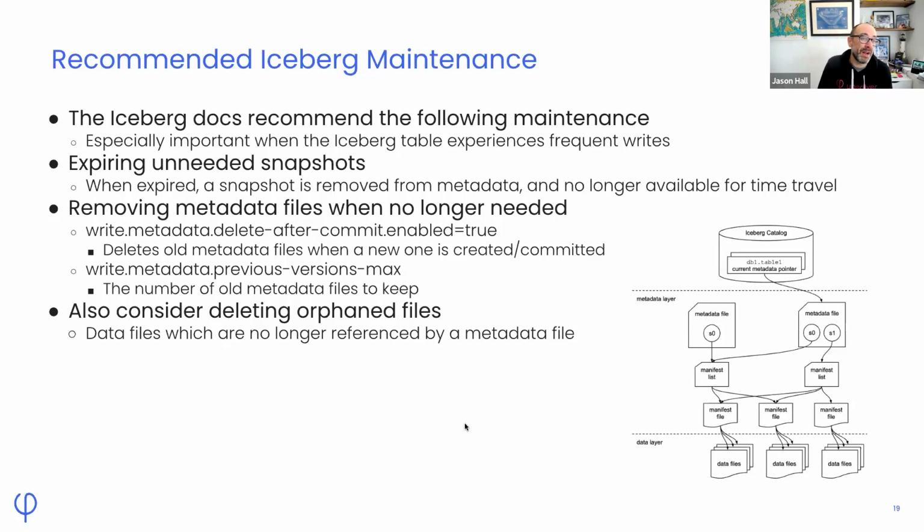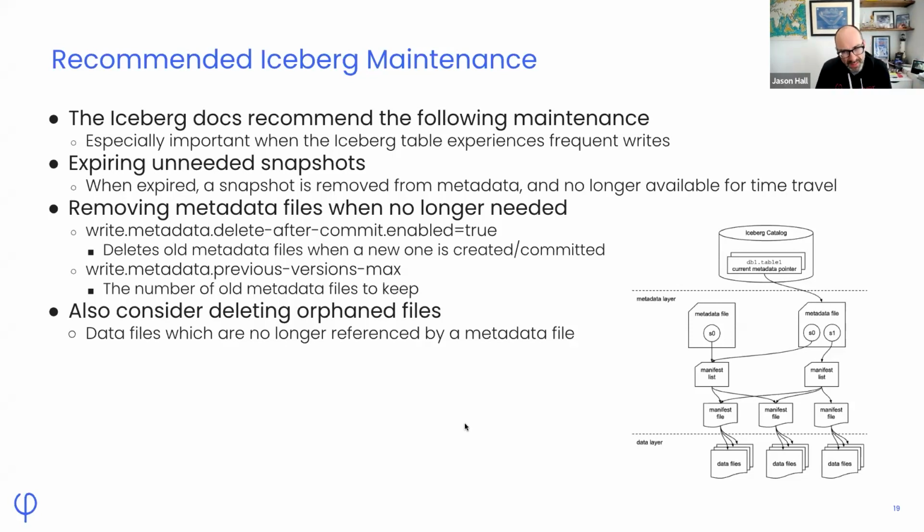The nice thing about expiring snapshots is that when you expire a snapshot, it's no longer available for time travel, but Iceberg is also able to remove and clean up files that are no longer needed. So you can expire a snapshot, and then for expired snapshots, there are also ways to clean up and delete metadata files, manifest lists, and data files themselves to keep your Iceberg table in a much healthier state.